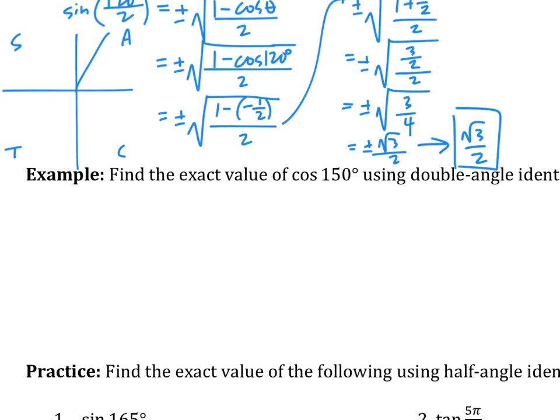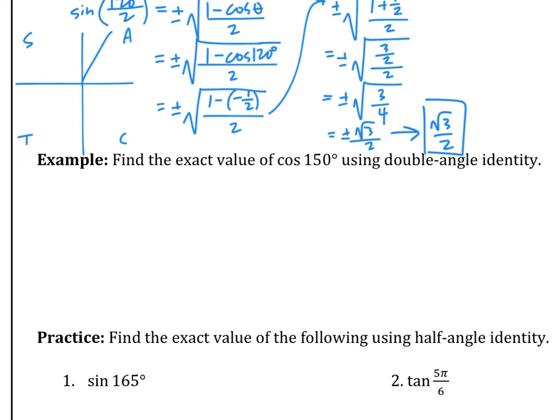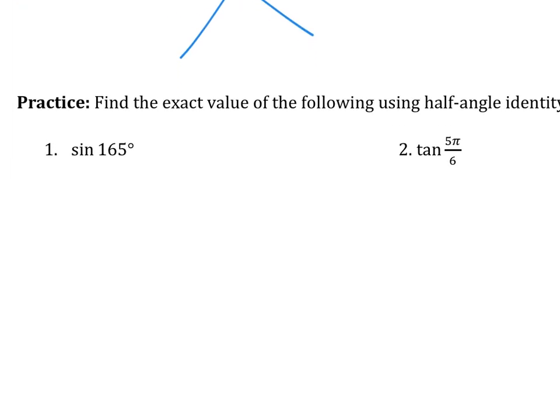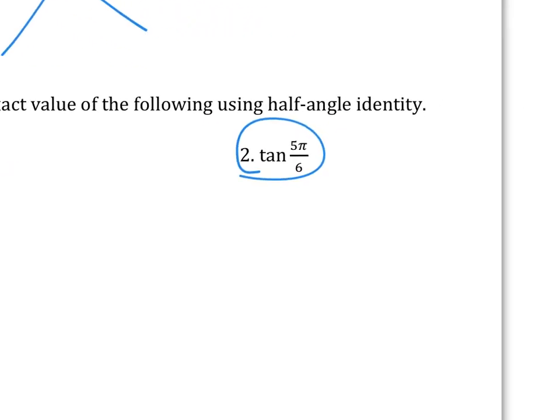All right, let's try this next one. Actually, you know what? These are really easy, so I'm going to skip this one. Let me help you on a practice one. Let me show you how to do tangent 5 pi over 6, and then you can do this one. Using half angle identity, find tangent 5 pi over 6.